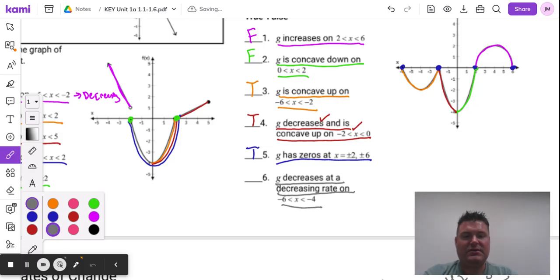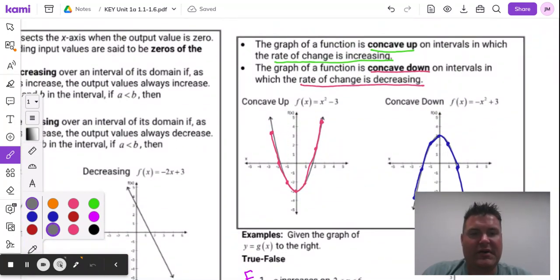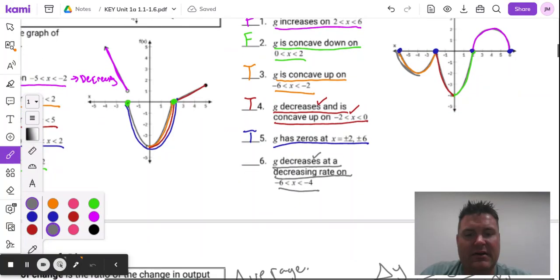So we need G to be decreasing at a decreasing rate. So from -6, where am I? I'm from here, -6 to -4. This gray part right there. It does decrease. G is decreasing at a decreasing rate. What the heck does that mean? We need to translate that. If we go back up here, if our rate of change is decreasing, we are concave down.